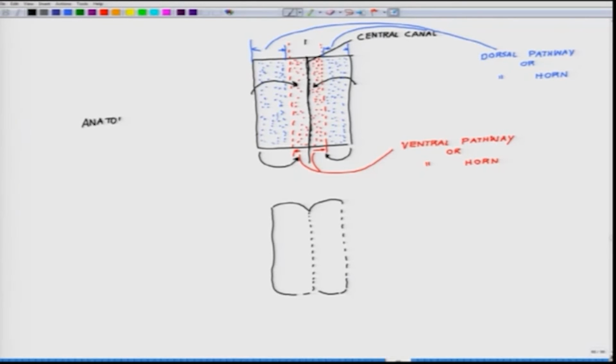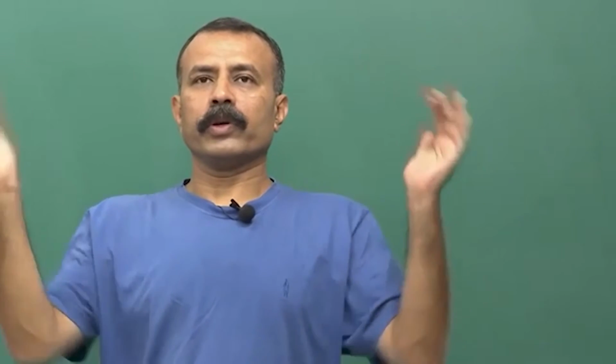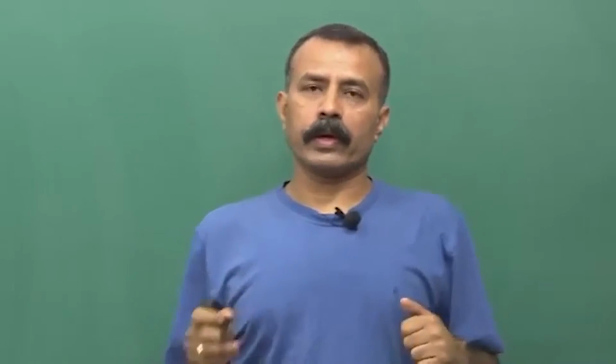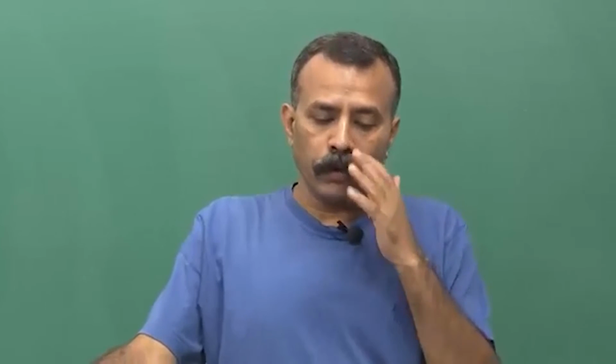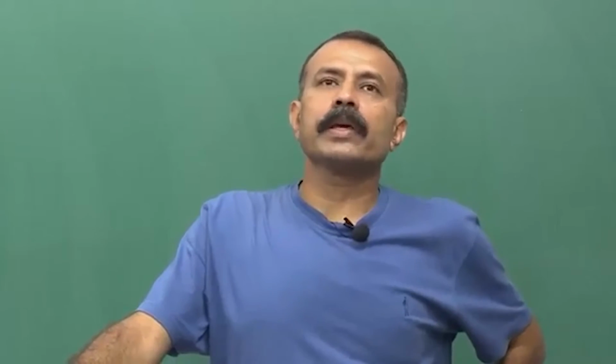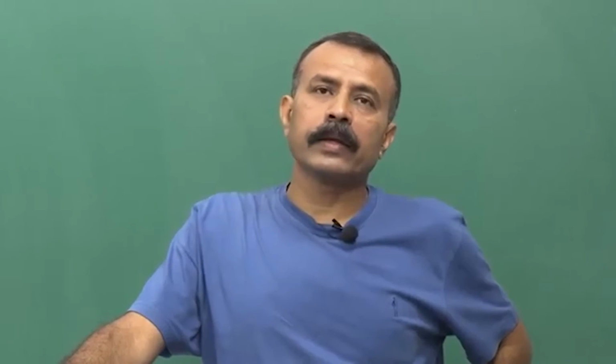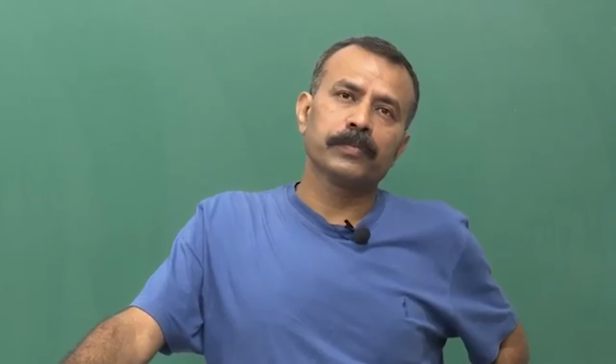Anatomy of spinal cord. Okay. In the anatomy, we talked about when you open up, I told you it is a folded structure like this, and once it folds, and if you open up the fold, you will observe that there is something called a central canal, which I have highlighted in black in your picture.